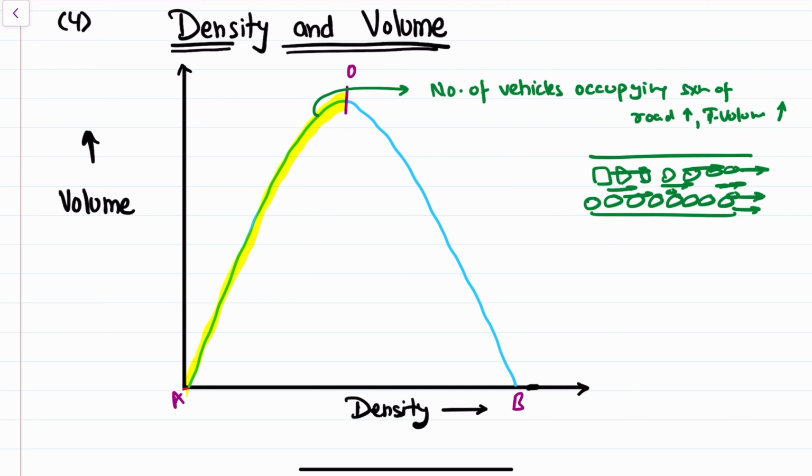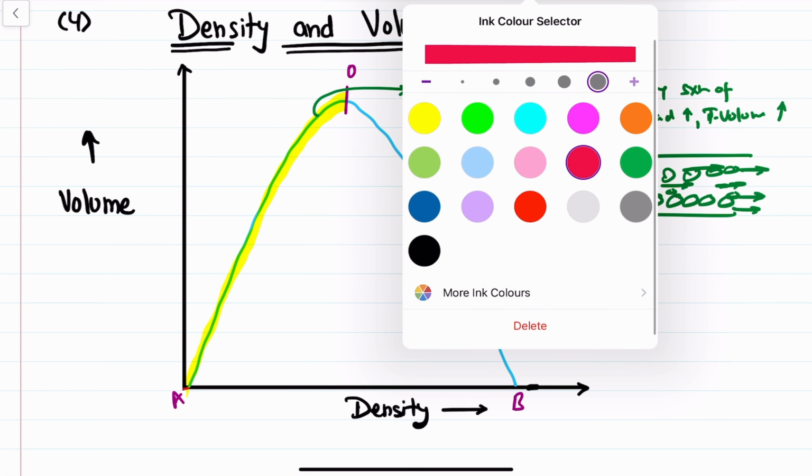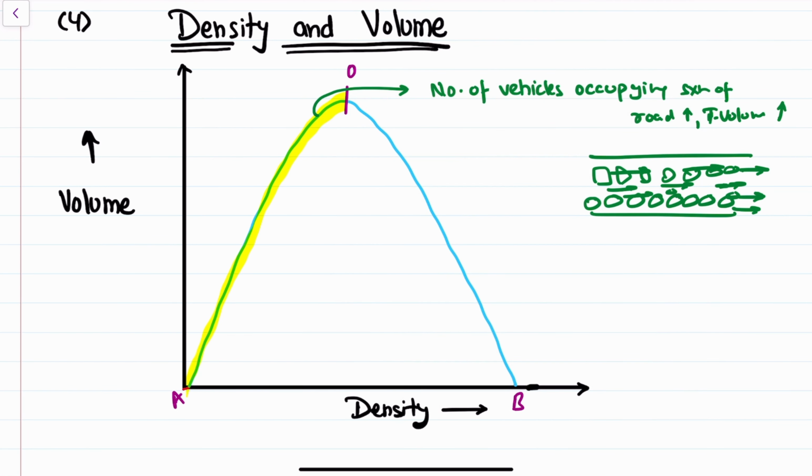But then what happens is, after point O, the density will keep on increasing, but the traffic volume will keep on decreasing.